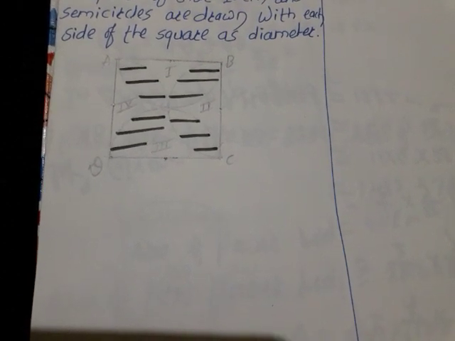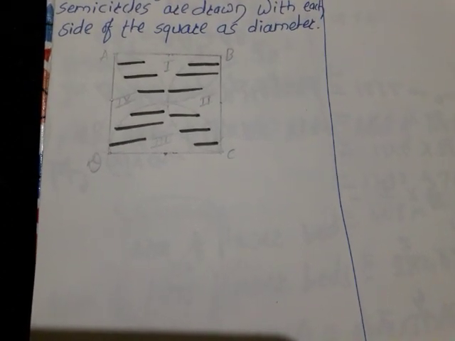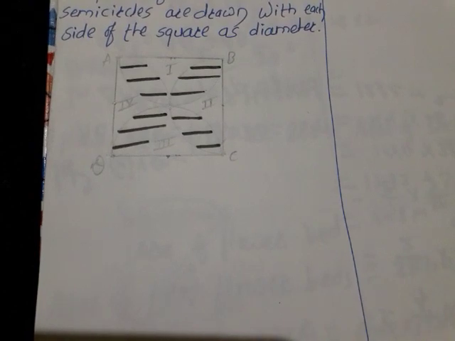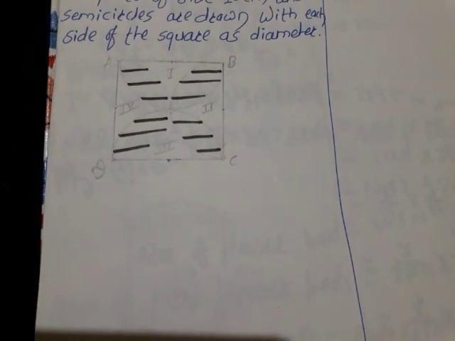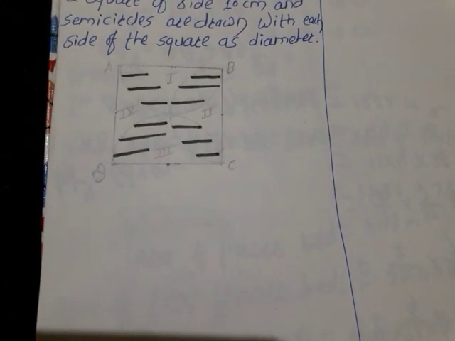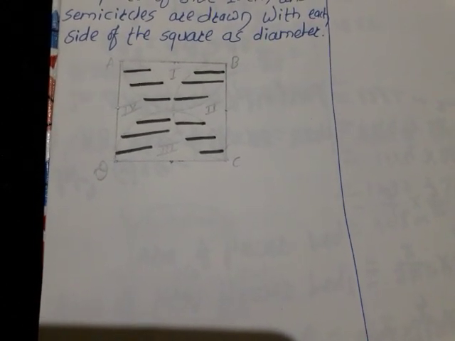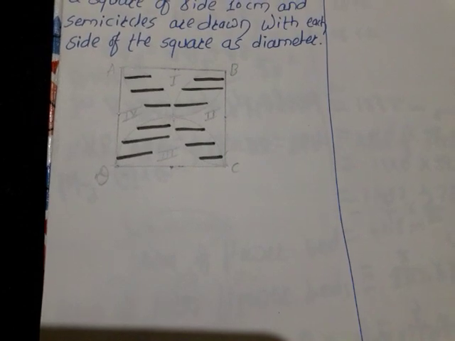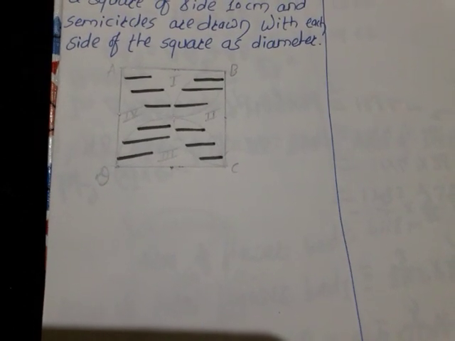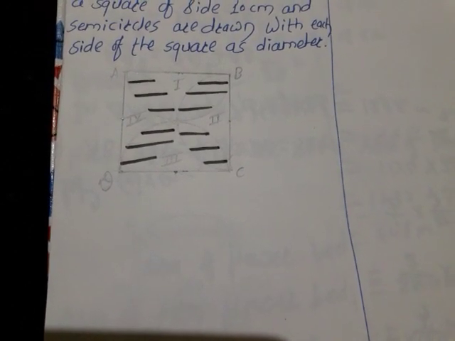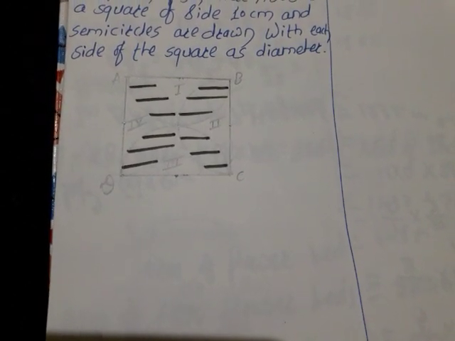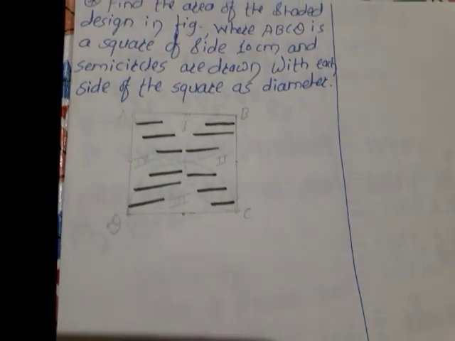Those 4 sides of the square are the diameters of those semicircles. And if we want to find the radius of a semicircle, we have to take half of the side of the square, and that will be the radius of that semicircle. Do you understand?